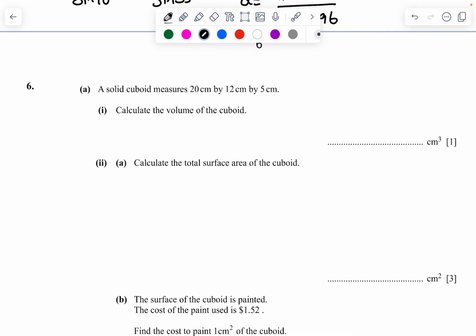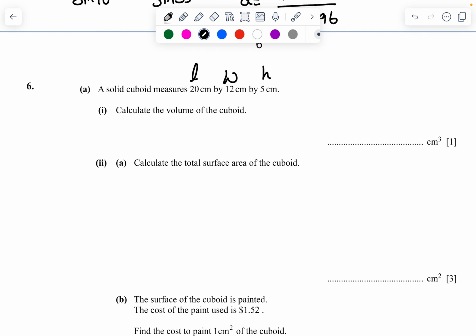Question number 6. A solid cube measures 20 centimeters, which is the length, then 12 centimeters, which is going to be the width, and this is going to be the height. Length, width, and height.